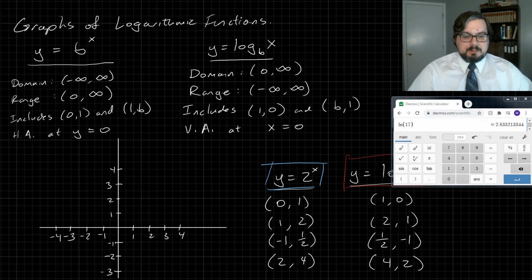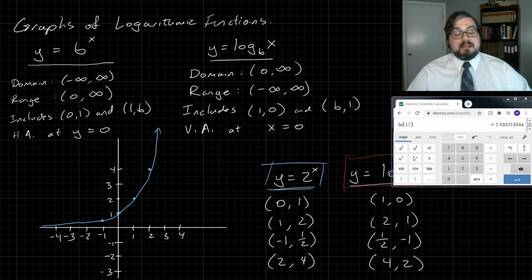In blue, we've got the points (0, 1), (1, 2), (-1, 1/2), and (2, 4). And we have that horizontal asymptote at y equals 0. And the graph goes up like that, increasing very, very quickly.